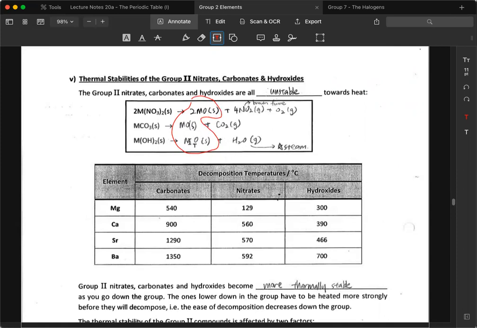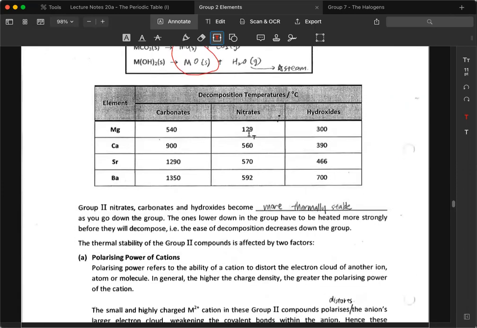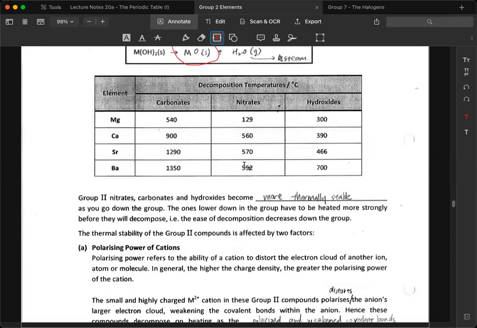So the similarity is they form oxides, but the difference is the one behind. All right. So the temperature for decomposition will also be different. For group 2 nitrates, carbonates, and hydroxides, they become more thermally stable as you go down the group. The ones lower down the group have to be heated very strongly before they will decompose.